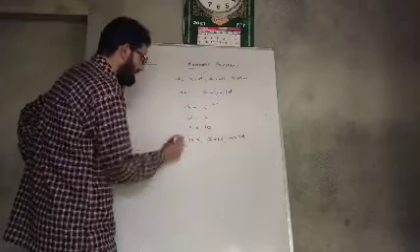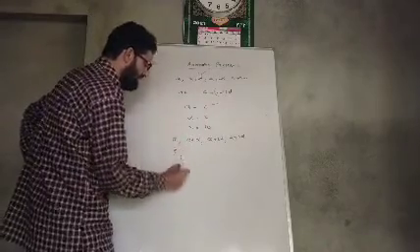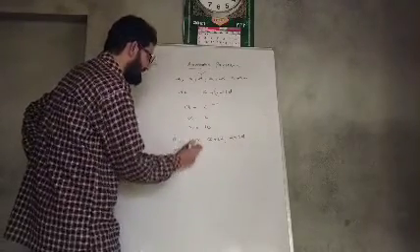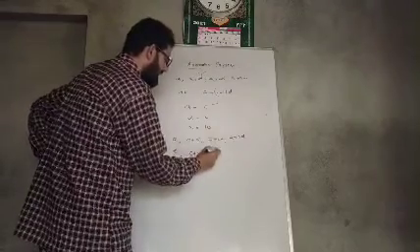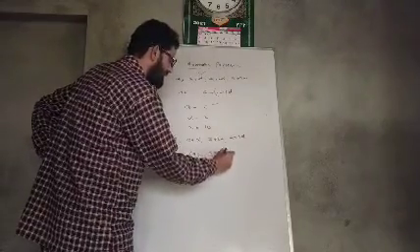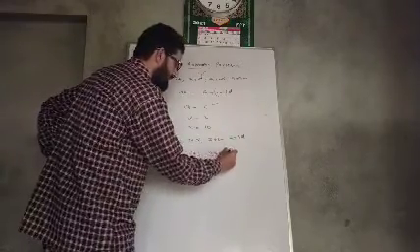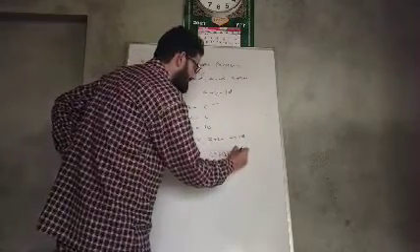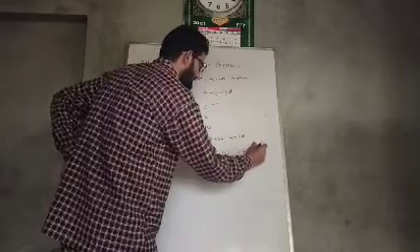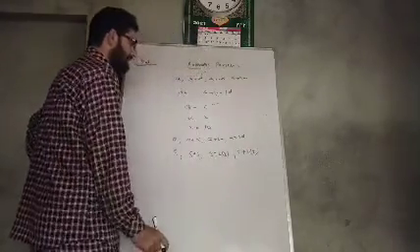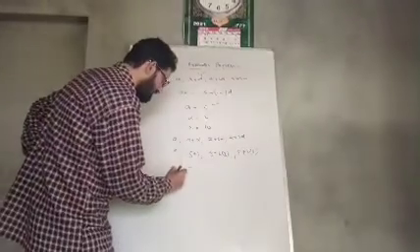A is given, what is A? A is 5, comma, A plus D, that is 5 plus D, D is 3, comma, 5 plus 2 into D, what is D here? It is 3, comma, 5 plus 3 into D, what is D here? It is again 3. Okay, this is 5.